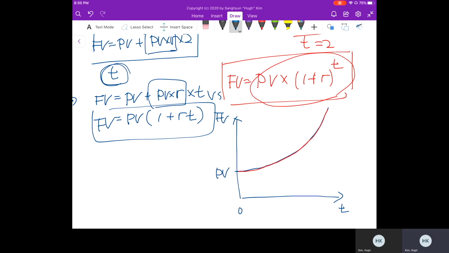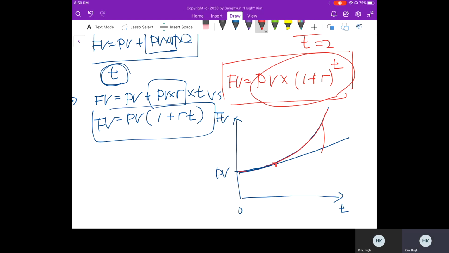Whereas using simple interest, your interest will grow linearly. So initially, there will not be much difference, but over time, because you keep earning interest on interest, the difference will become larger and larger over time.